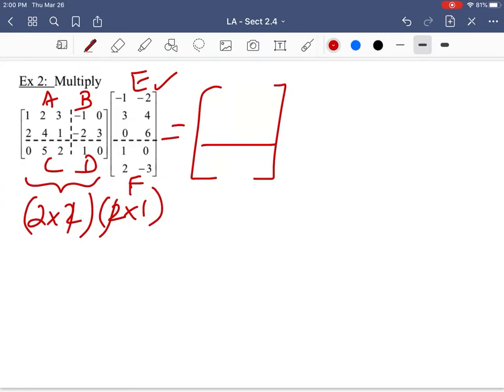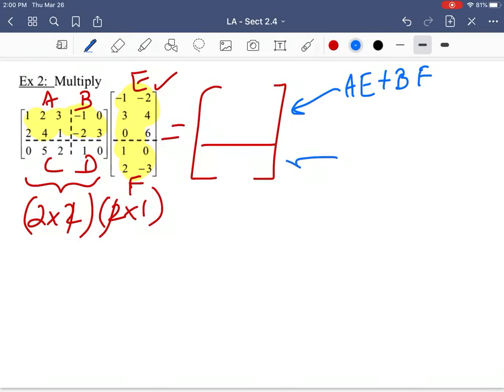When I multiply these, remember I'm multiplying AB, all this part right here, times EF, all that part right there. So I need to write out what's happening. With multiplication, I basically multiply A times E and B times F and add those together. So right up here in this spot is going to be AE plus BF.